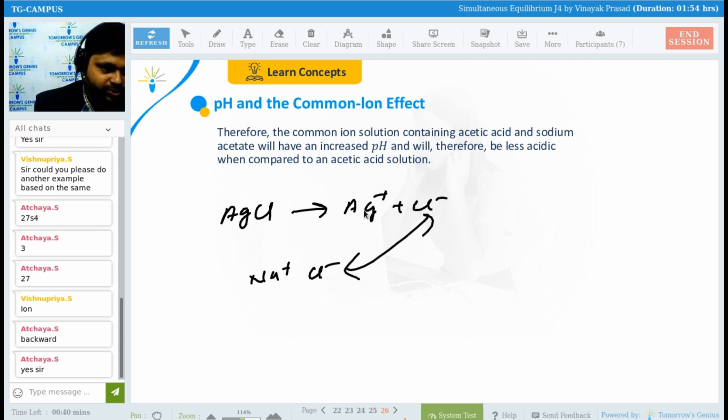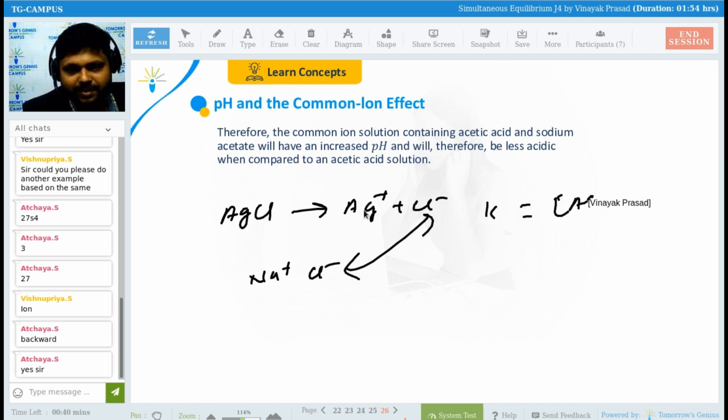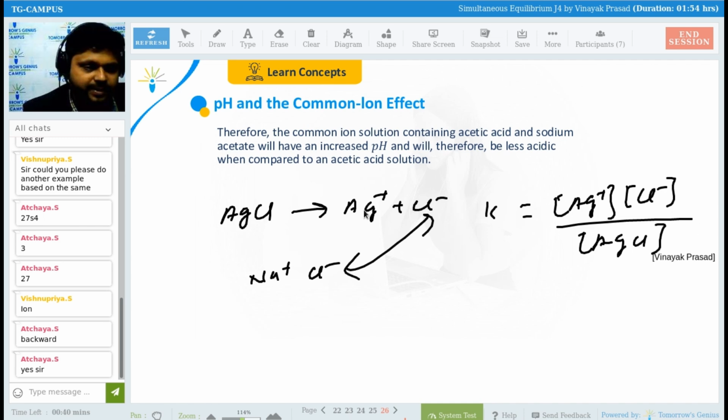If any electrolyte is added into this, what will be the change? See here. If we want to find K, what will be the K for that? This will be the concentration of Ag plus into the concentration of Cl minus upon the concentration of AgCl, right? Now the Cl ion has increased here.